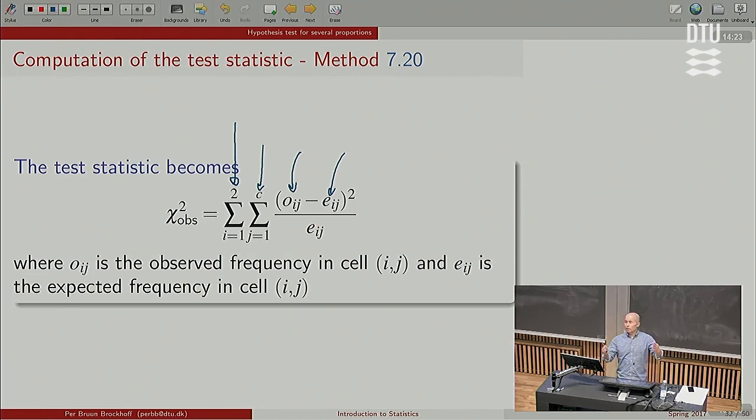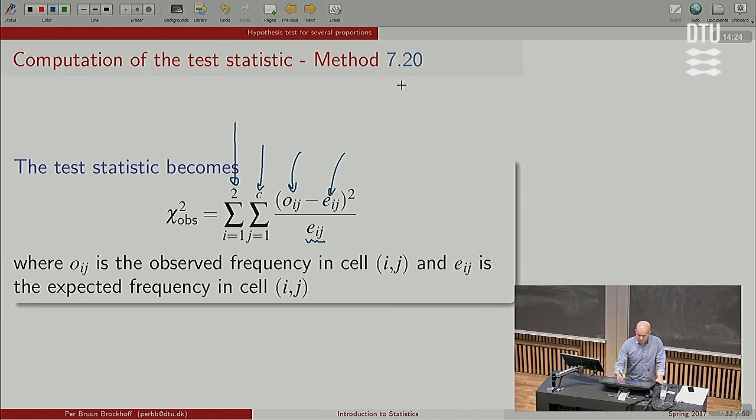We subtract them from each other, we square them, and we see it relative to the expected. That makes sense. A deviation of 10 is a huge deviation if the expected outcome is 2 or 3, but a deviation of 10 is a small deviation if the expected outcome would be 1,000. So it's not a proof of anything, it just makes the point that it makes sense to see it relative to the expected outcome.